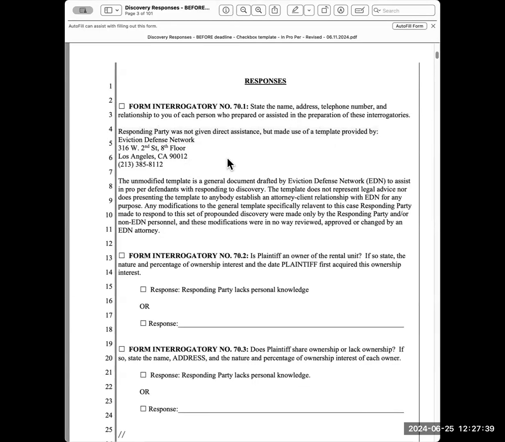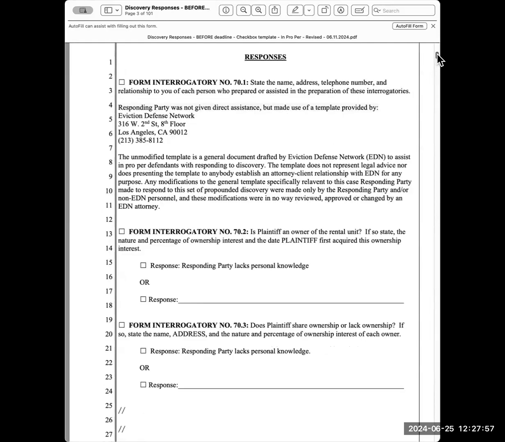If nobody at the Eviction Defense Network looked at your case details and told you how you should respond, then you should just leave this response here, because all you're doing is using our template.